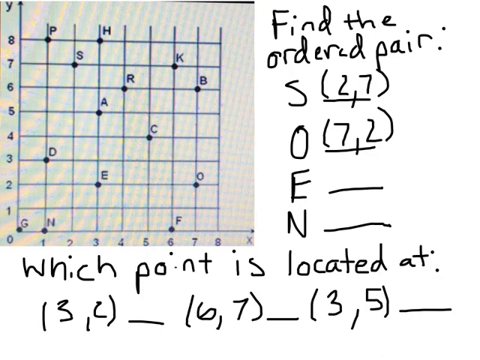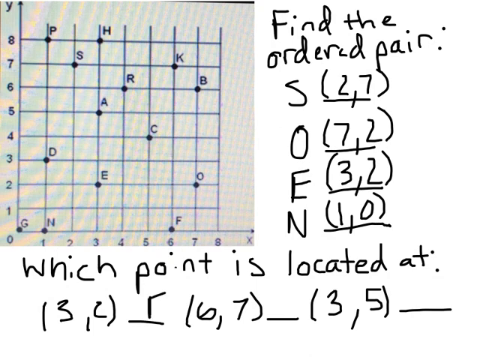What's the ordered pair for point E? The ordered pair for point E is 3, 2. What's the ordered pair for point N? The ordered pair for point N is 1, 0. Which point is located at 3, 2?